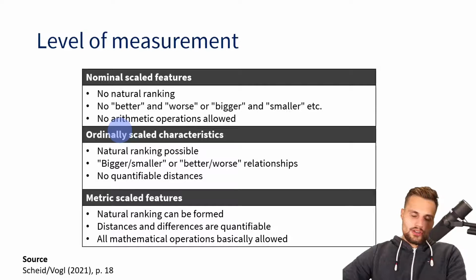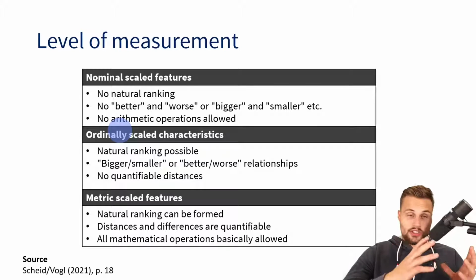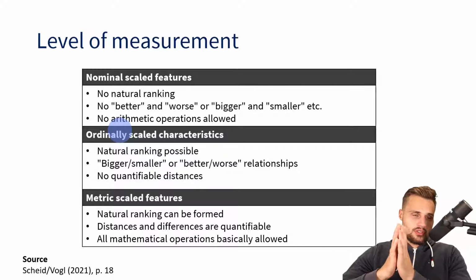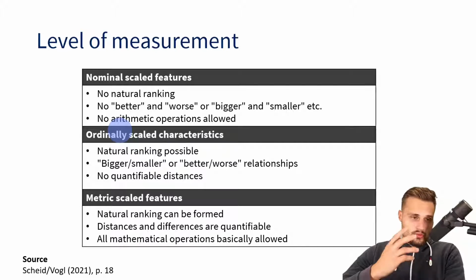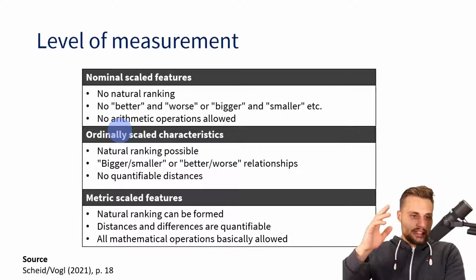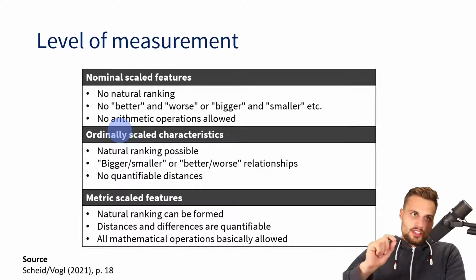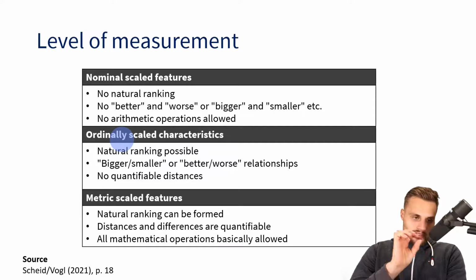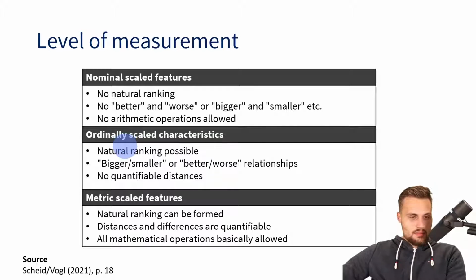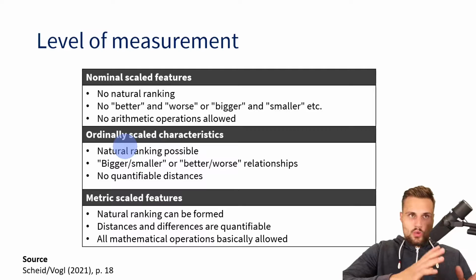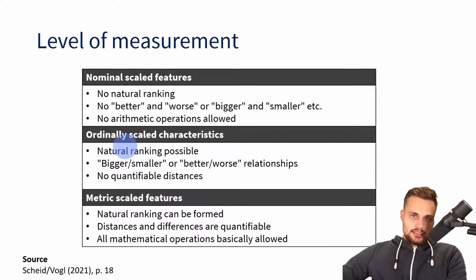There we have the characteristic values very good, good, and satisfied. And there we can of course claim that very good is better than good. But the thing is that we cannot quantify the distance between the characteristic values. So we cannot say that very good is 1.5 or any number of units better than the other characteristic value, good.